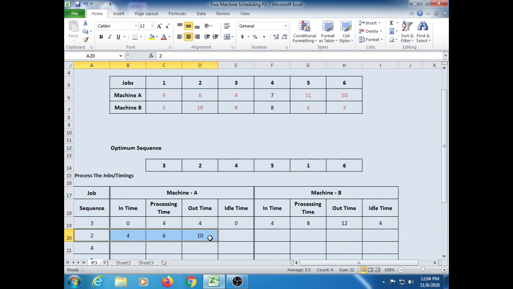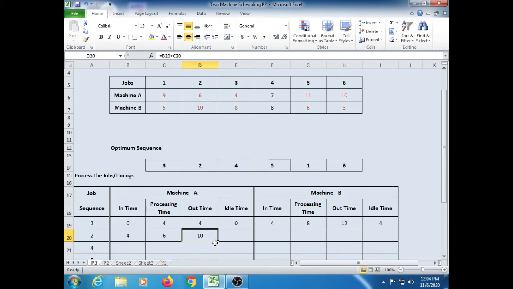So at the 10th hour we have completed the second job, and also the third job. This is the cumulative processing time. So the out time is nothing but the cumulative processing time.